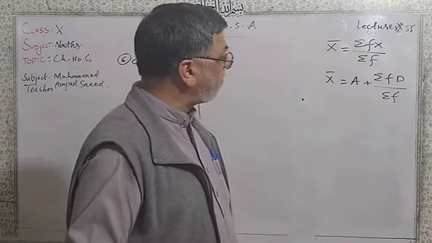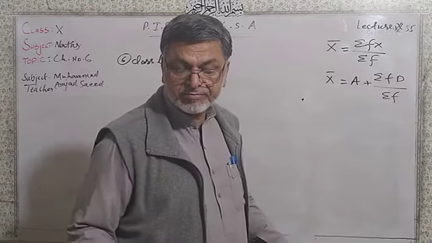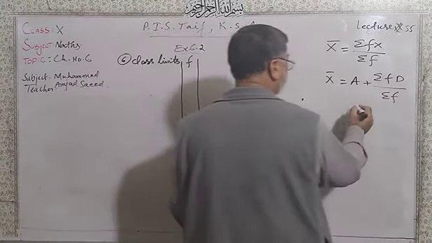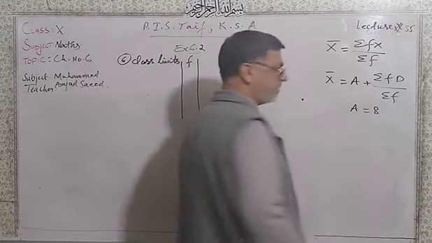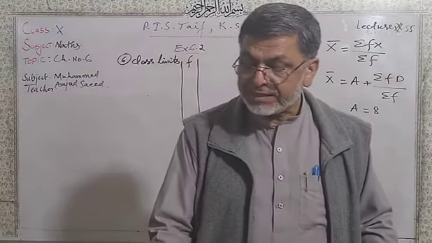X bar is equal to A plus sigma Fd over sigma F, and here A is given, that is equal to 8 in your question.